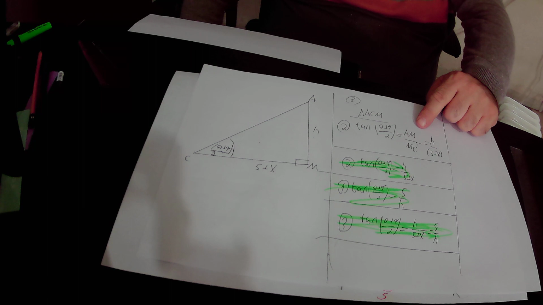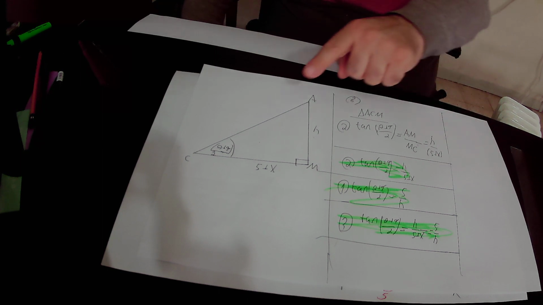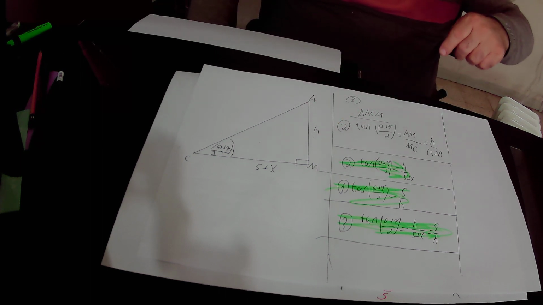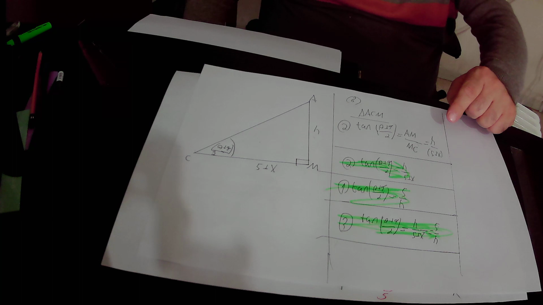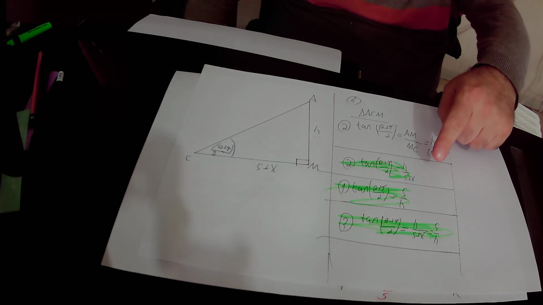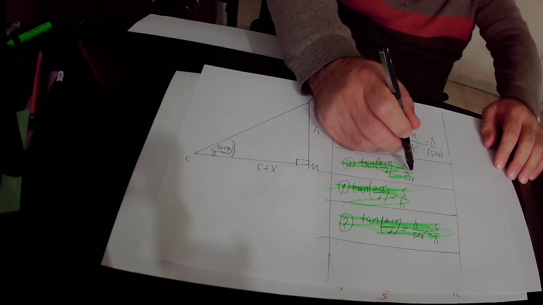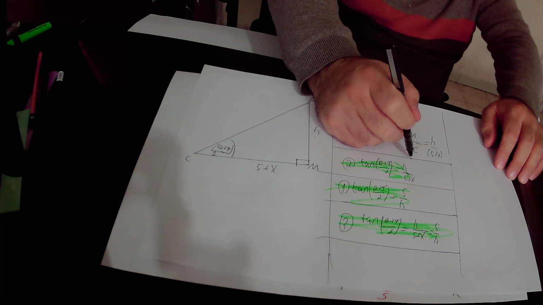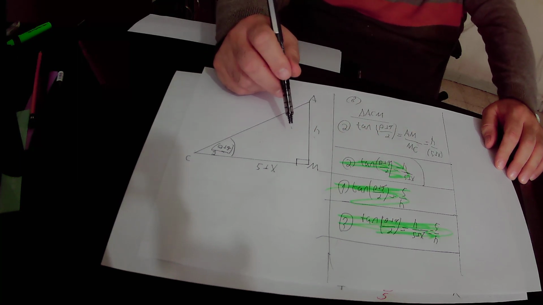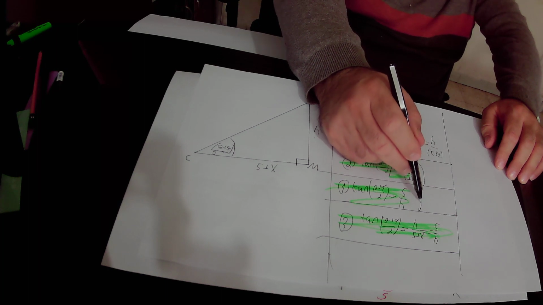But AM equals H, and CM equals 5 plus X. So in conclusion, according to equation number 2, tangent of theta plus alpha over 2 equals H over 5 plus X. But according to equation number 1, tangent of theta plus alpha over 2 equals H over 5.